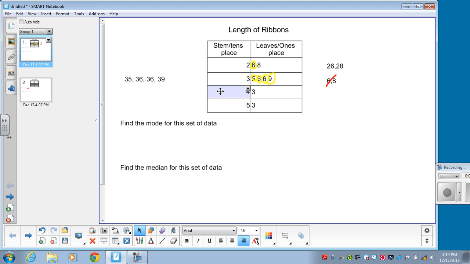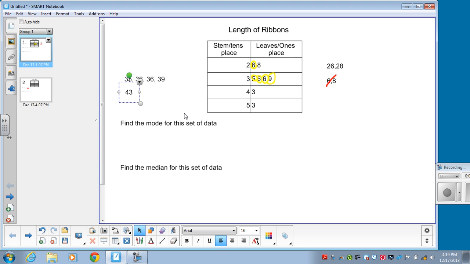What number? Well, I notice there's a 4 in the stem spot, which is also known as the tens place. There's a 3 in the leaves spot, which is also known as the ones place. When I put them together, for 3, my answer is 43.